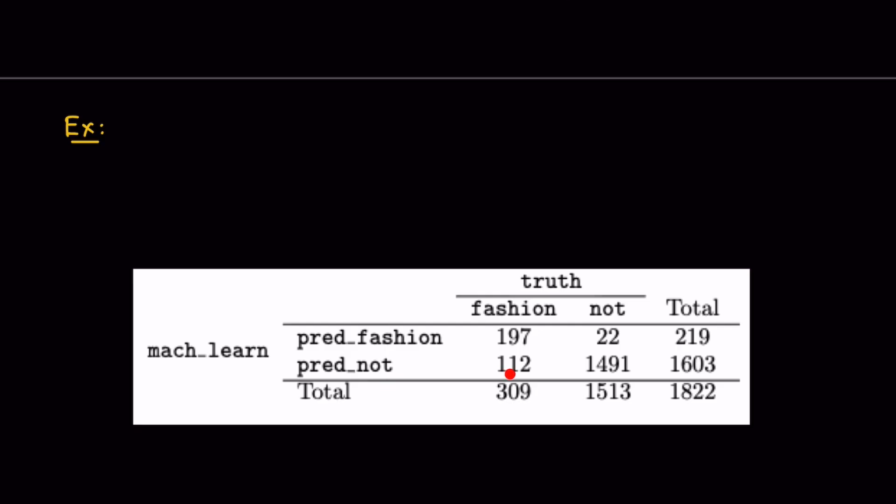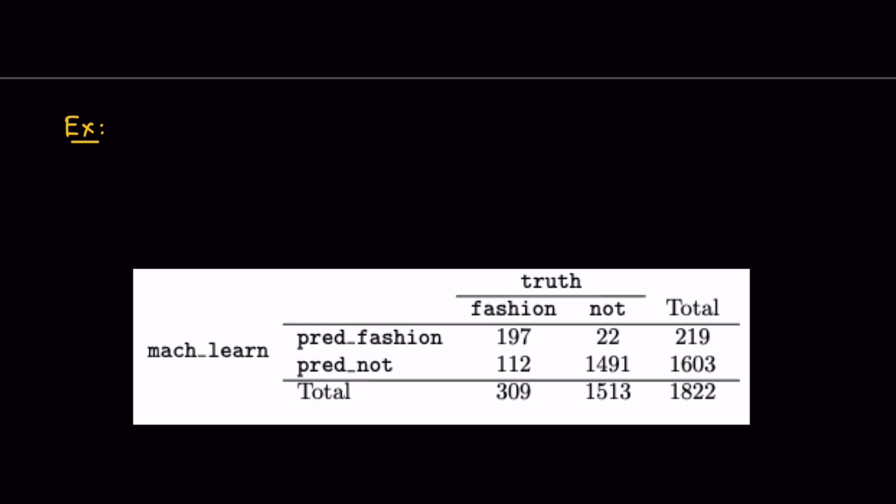There are 112 photos classified to be not about fashion by the machine learning system, but turn out to be about fashion. And there are 1,491 photos which are predicted by the machine to be not about fashion and turn out they are actually not about fashion. So that's the information that you get.